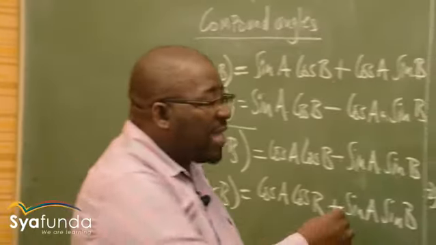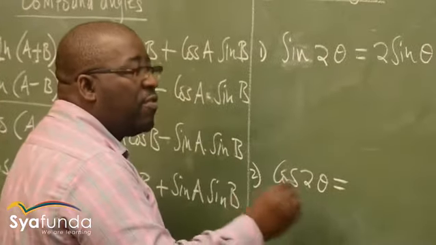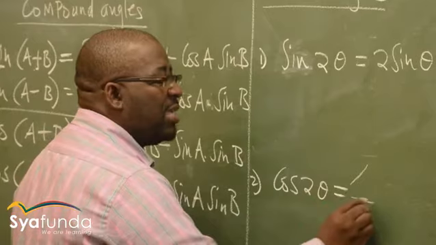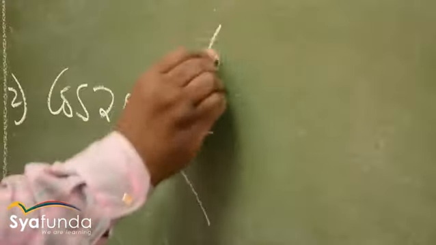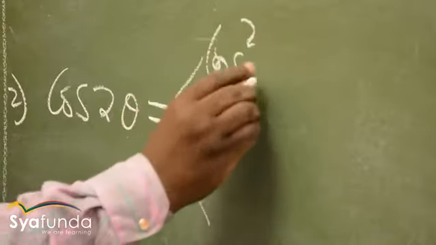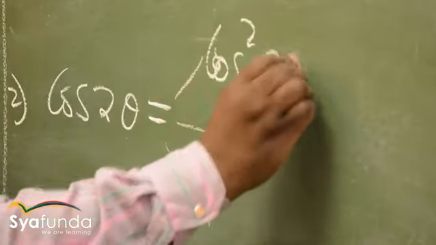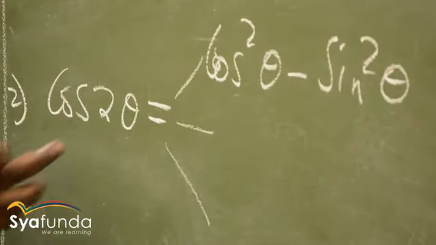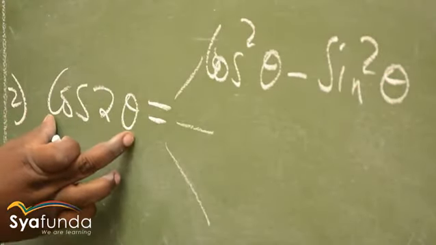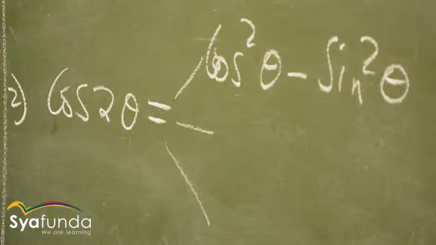Now, for cosine of a double angle, we've got 3 solutions that we can get out of it. The first one is cos squared theta minus sine squared theta. So whenever you see cos 2 theta, a double angle, you must think of this identity, which is cos squared theta minus sine squared theta.